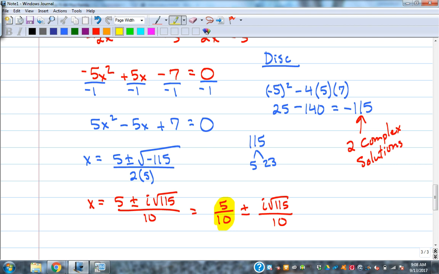Okay, so that makes the problem in complex number form. Remember, it had the real part and the imaginary part, so that'd be 1/2 plus or minus I square root of 115 over 10.